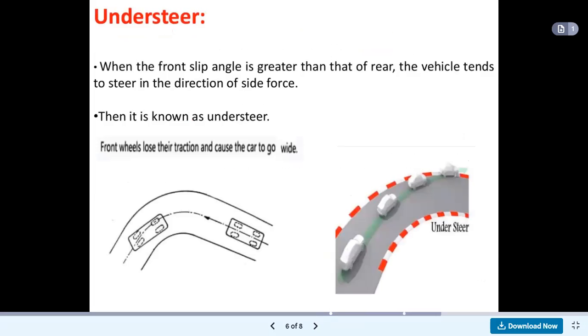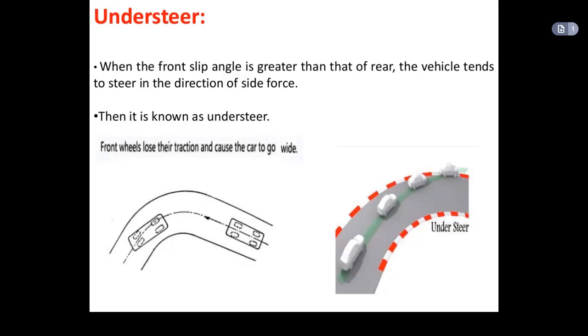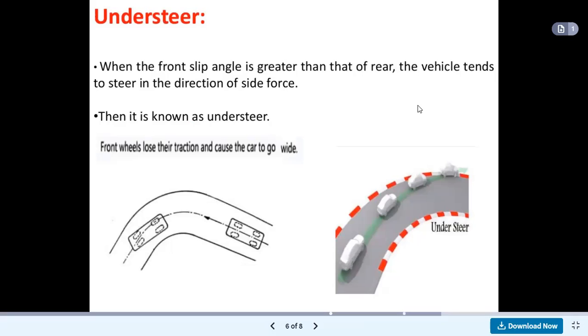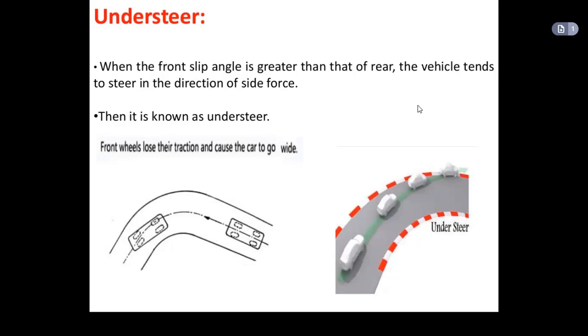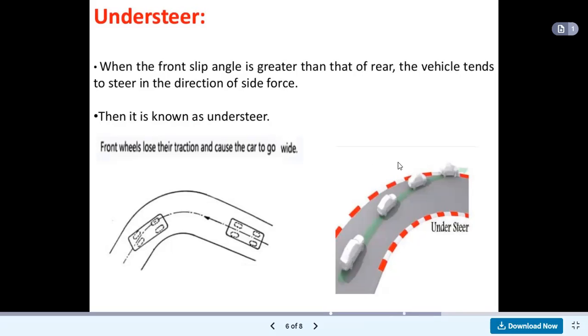Now what is meant by understeer? When the front slip angle is greater than that of the rear, the vehicle tends to steer in the direction of side force. Then it is known as understeer. So this is the understeer condition.